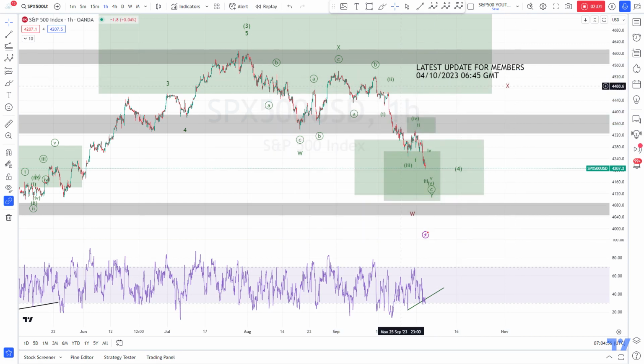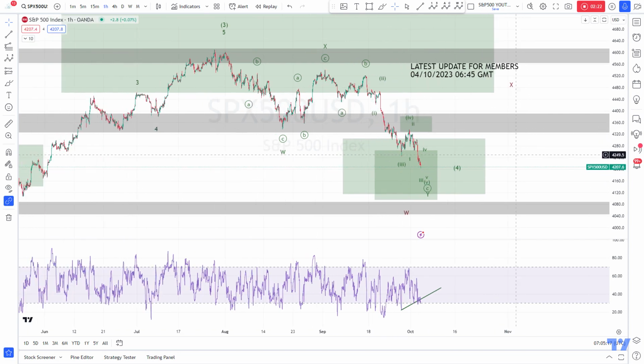I would also say we have more or less complete structures. If this wave Y is playing out as an A, B, C, then in the C wave I would say we almost have 5 waves, or we have 5 waves, 1, 2, 3, 4, 5. The only question is whether this fifth wave is finished or not.